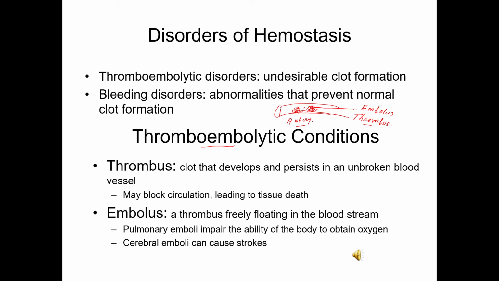So this freely floating clot, which is called the embolus, could be very dangerous, can go to the brain and block the artery of the brain or coronary artery of the heart. That can cause heart attack or stroke. So that can cause stroke in the brain or heart attack or myocardial infarction.